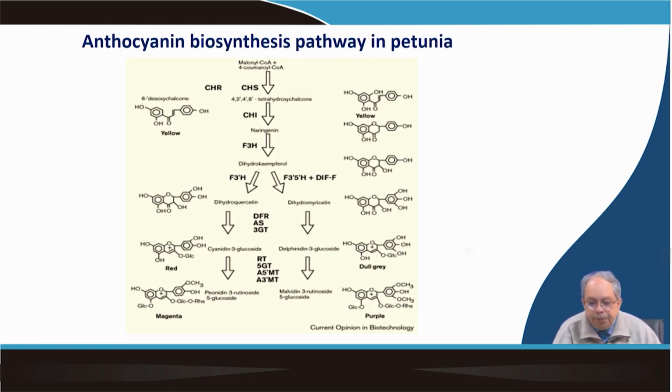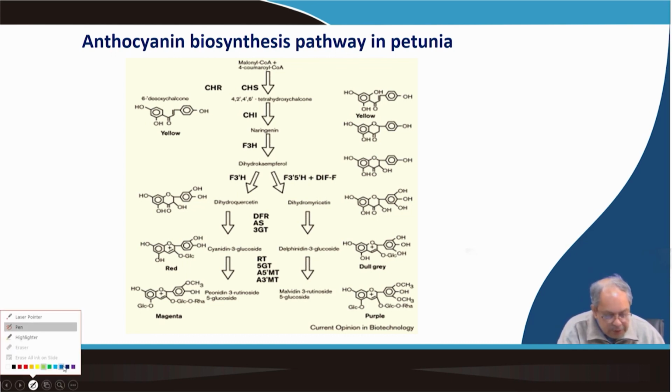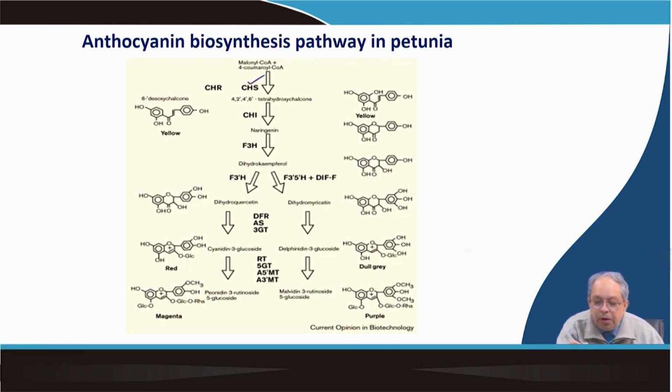Now, what I have discussed so far is chalcone synthase, chalcone isomerase, flavanone 3 hydroxylase, which converts naringenin to dihydrocampherol. So these are all dihydroflavonols.